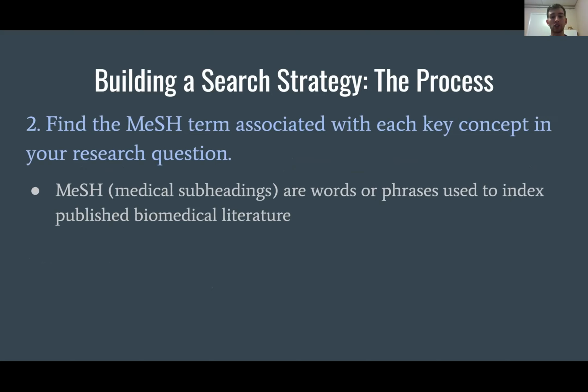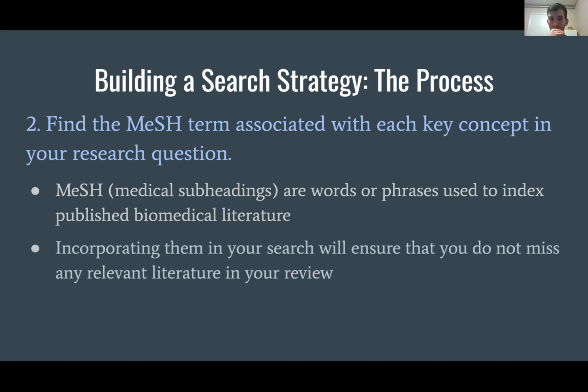Someone actually from the National Library of Medicine reads through the articles that are published in all these different credible journals and will assign these subject headings to them to help people who are looking through these databases. And later on, I'll show you what an actual search for MeSH terms looks like.